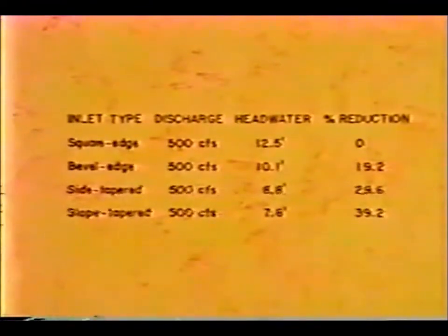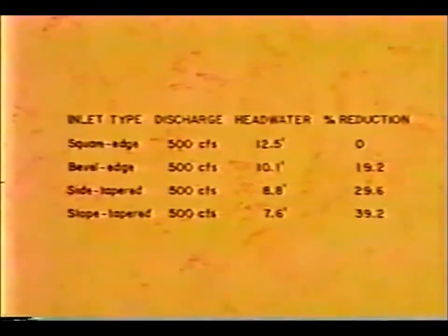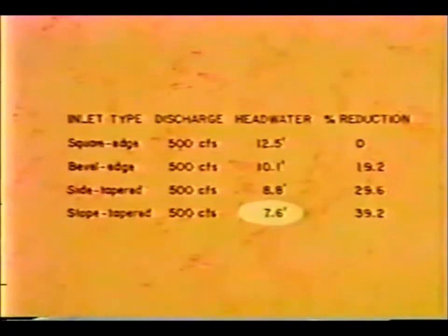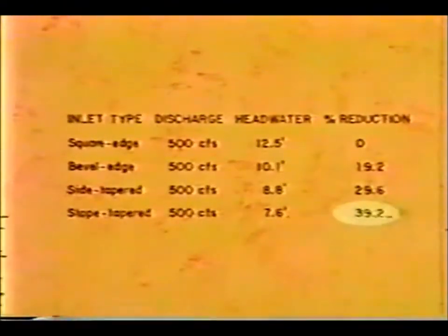For example, a 6x6 box culvert with a square-edged inlet requires a headwater of 12.5 feet to convey a discharge of 500 CFS. The slope-tapered entrance requires only 7.6 feet of headwater, which is a 39.2% reduction compared to the square-edged inlet.